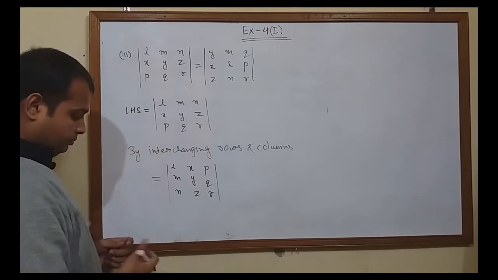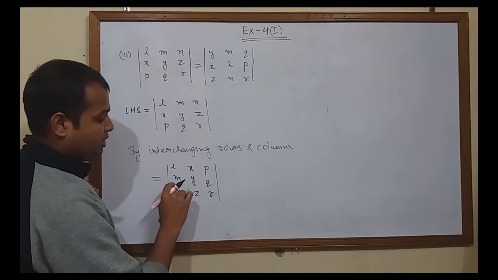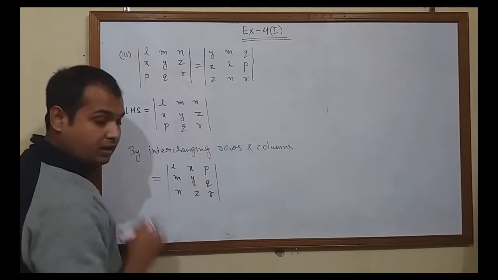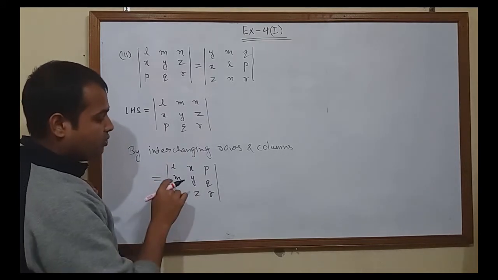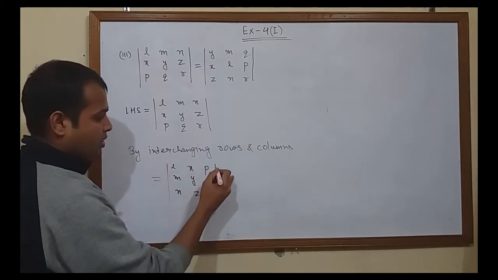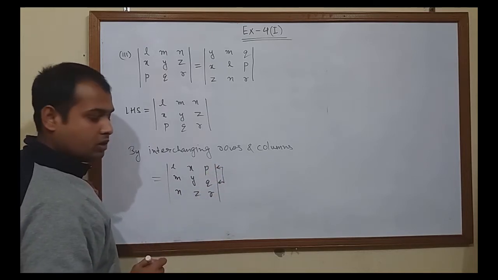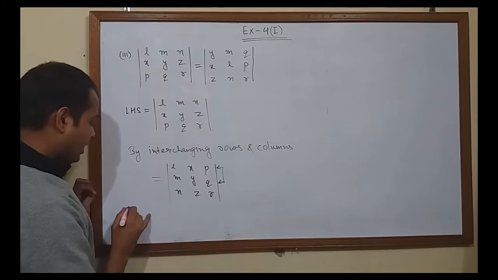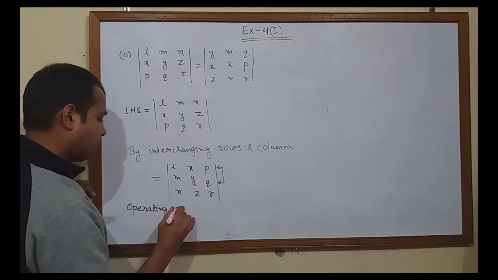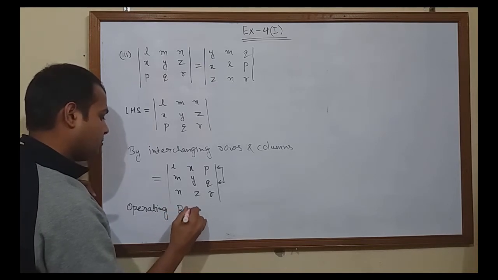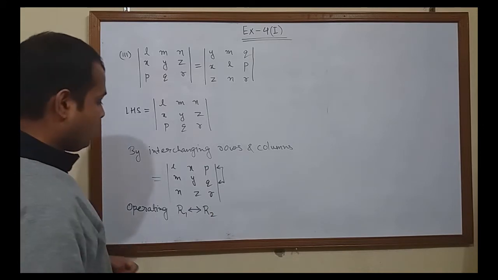Now you see M Y Q, these three elements are in the second row, but we want them in the first row. In order to get them in the first row, I should be interchanging these two rows. So we'll write operating R1 interchanges with R2.